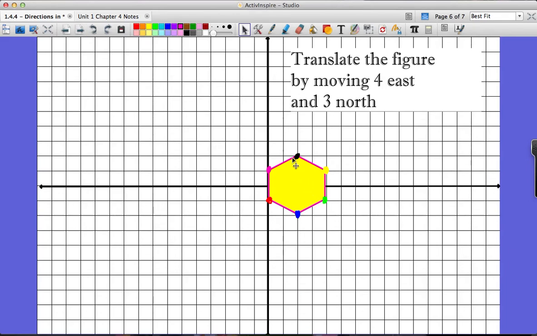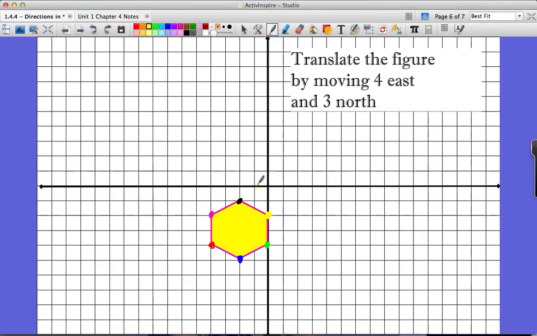Now, another way that you can look at this is by translating each point as its own. So taking this and saying, okay, here's my first dot. It's at -2, -1. I need to move 4 east, so 1, 2, 3, 4, and then 3 north, 1, 2, 3.